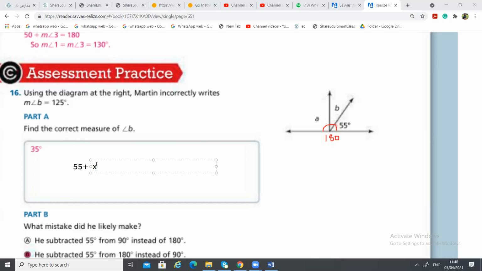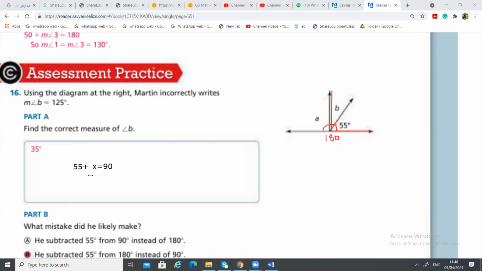He wrote it wrong. Equals 90, girls. Why 90? Why not 180? Because see this one? This is a right angle. So angle B plus 55 has to be 90. I'm not taking this A. I'm taking B plus 55 is 90. That is 55 plus x is 90.